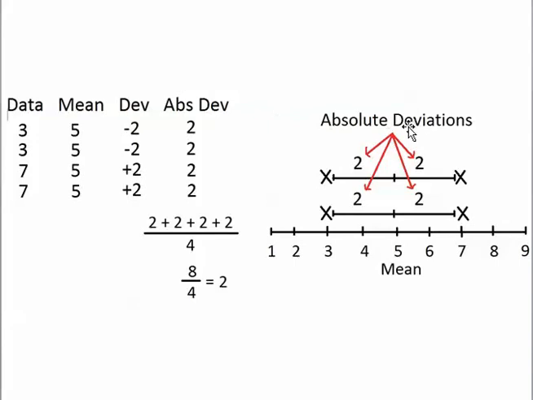Like I said, the absolute deviation is just the distance from the data value to the mean. So if every data value is 2 away from the mean of 5, then the absolute deviations will all be 2 right here. And if all of the absolute deviations are 2, the mean of those absolute deviations has to be 2. So now our MAD has gone up to 2.